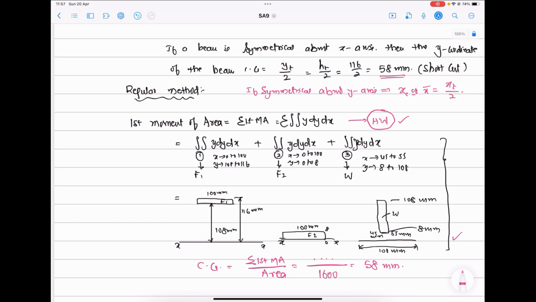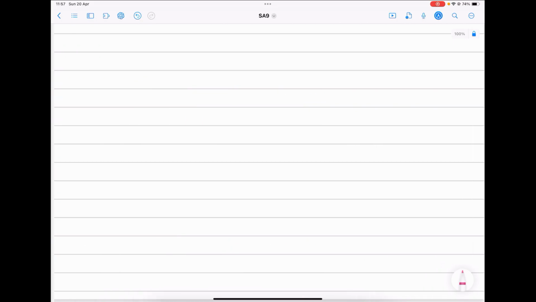Now, we have got the center of gravity, we have got the total area. Now, we have to find out the second moment of area, that is the moment of inertia of the total beam. Let us draw the beam diagram now.